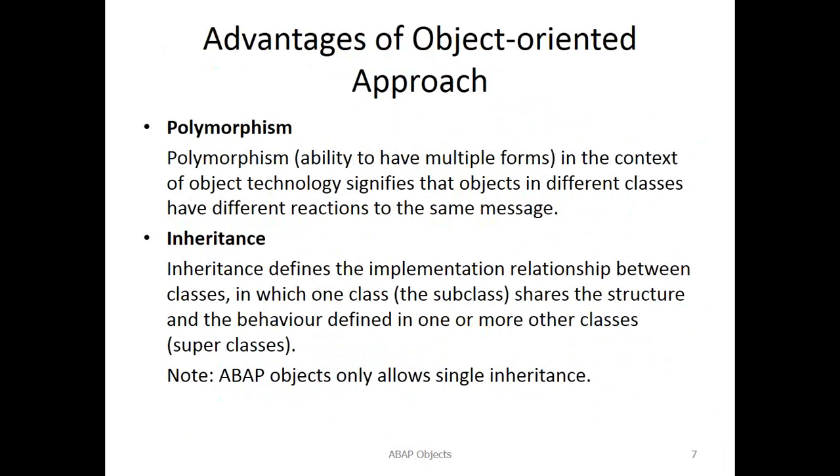The method name is the same, but if you access it with the base class, the behavior is different. If you access it with the subclass object, the behavior is different, because we redefined the same method and overwrote the code. So the same method with the base class behaves one way, and with the subclass it behaves in a different way.